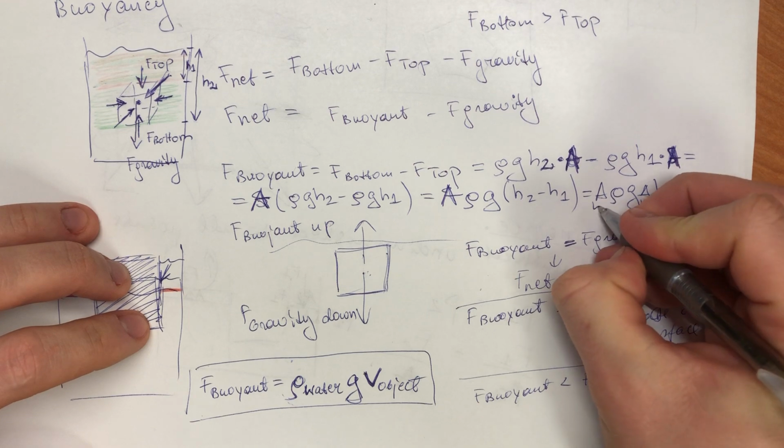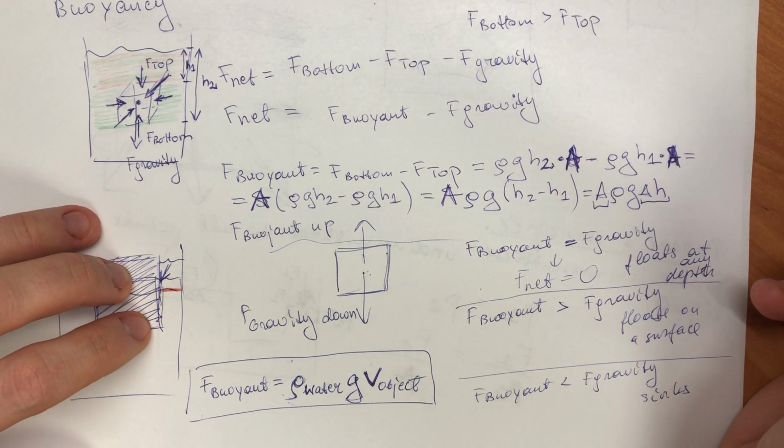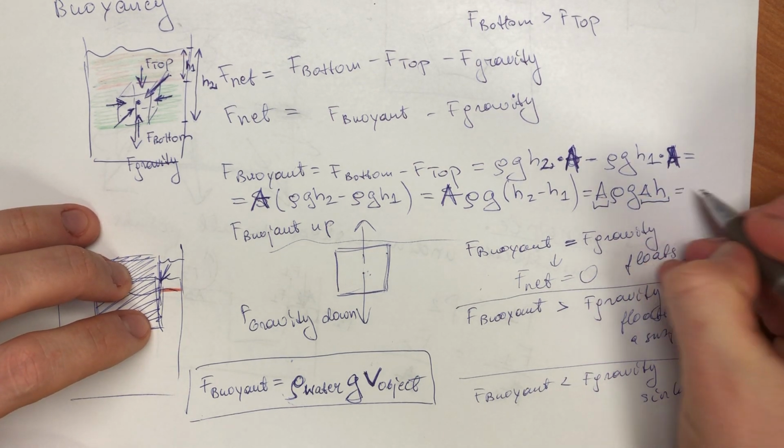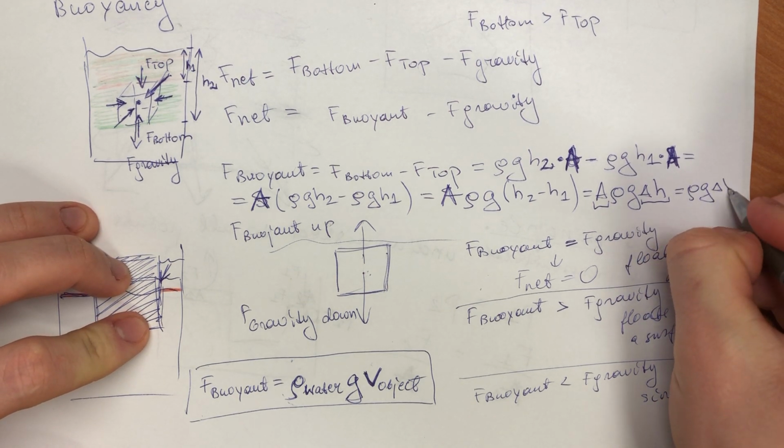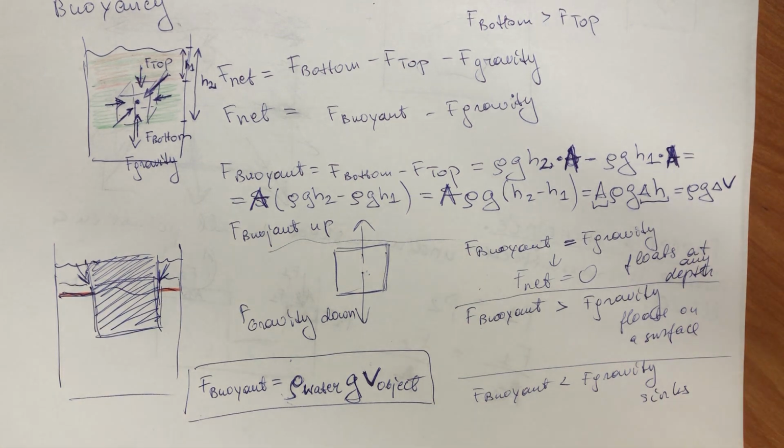Delta H times A would be the volume, so rho g delta volume. So this volume is the volume of the object.